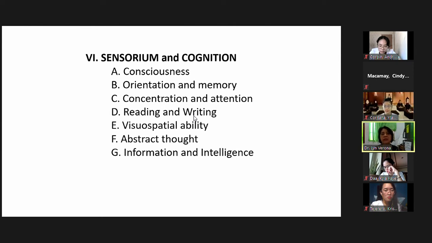So you can still get the mental status of the patient. It's not that you have to force the patient in order to take their sensorium and cognition. So bear in mind again that even if the patient is shouting, even if the patient is silent, if the patient does not answer you, you can still get the mental status of the patient.